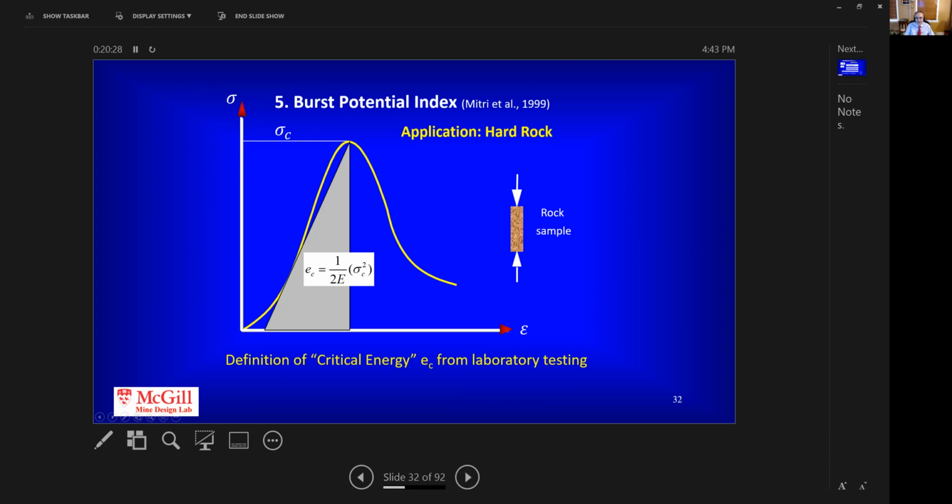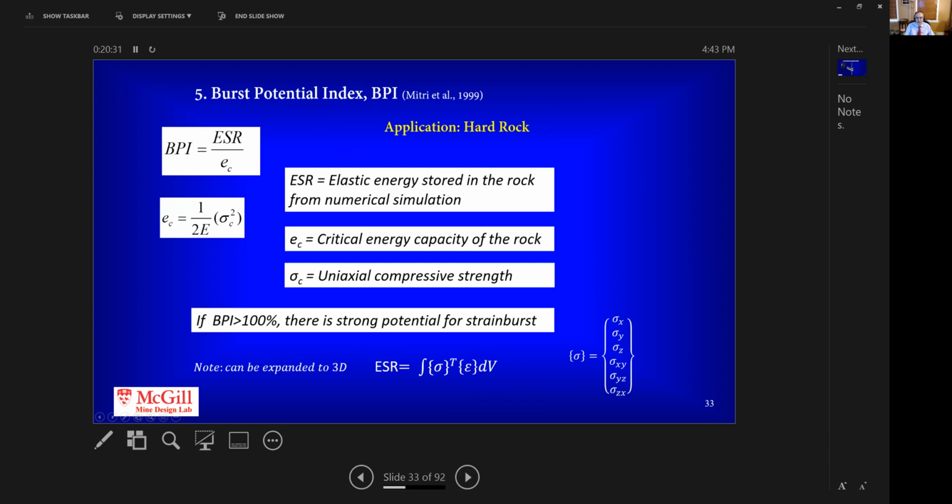Now, this is used in conjunction with numerical modeling, where ESR is the elastic strain energy stored in the rock mass, as obtained from numerical modeling. We apply this in 2D applications, which meant that ESR is only one-dimensional.